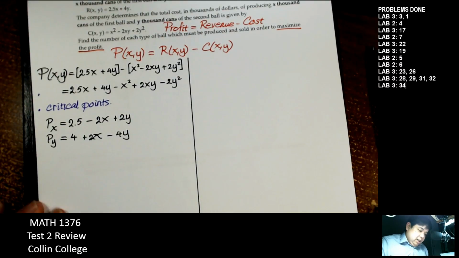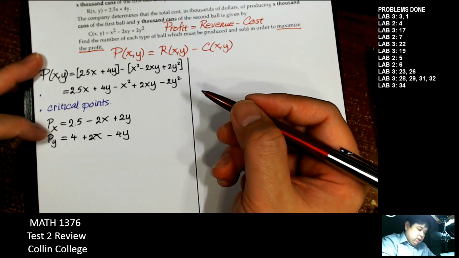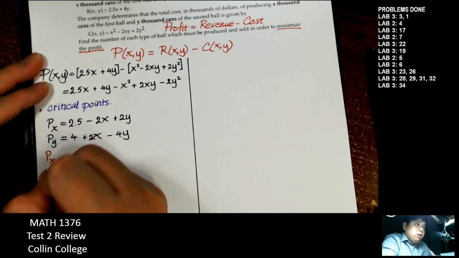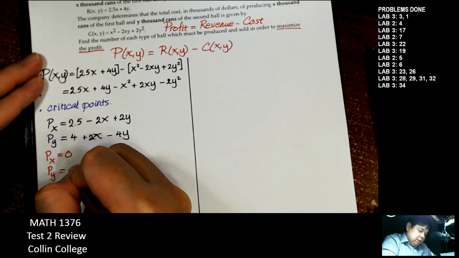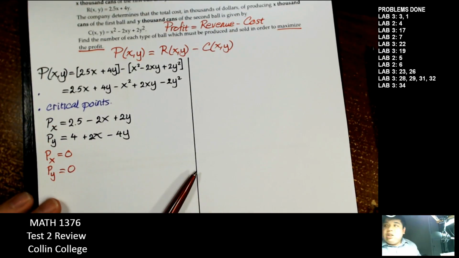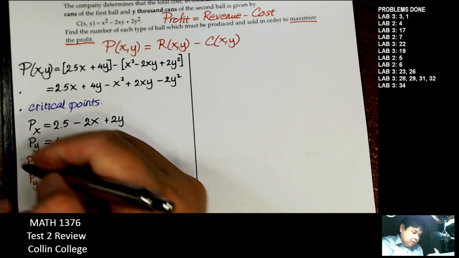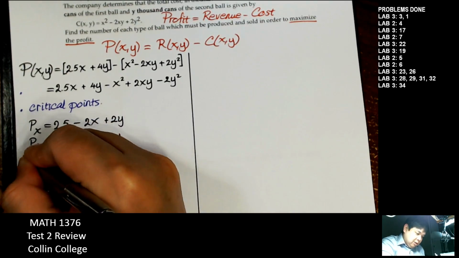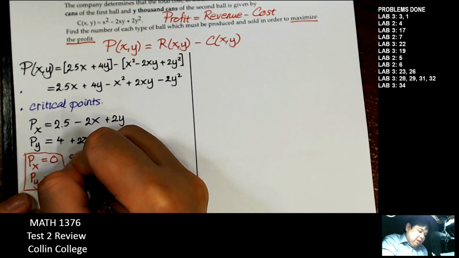And then we will have the system of equations. But first, critical point, the partial derivatives equal to 0. We can just zoom back in, it doesn't take that much space. This one we can even use the calculator.